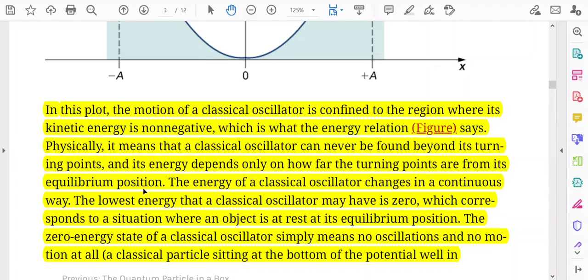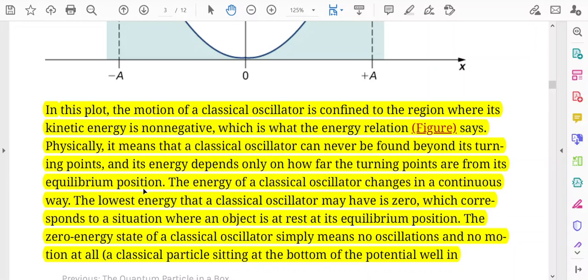The classical oscillator is found between two turning points and it cannot go beyond these turning points, because at the turning points kinetic energy is 0 and total energy is fully potential energy, and that is the maximum energy.